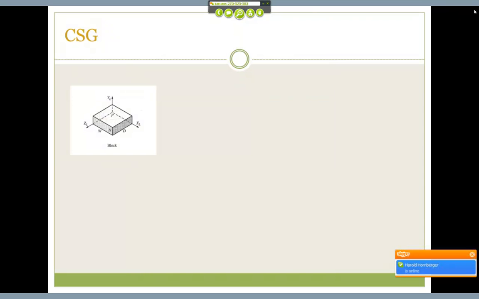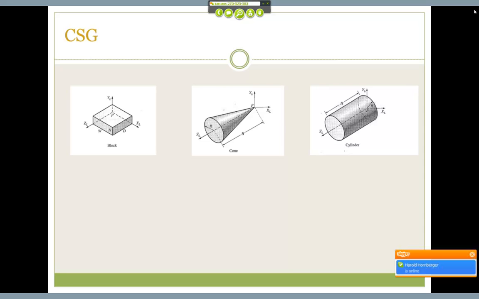The CSG approach to solid modeling, constructive solid geometry, is based on primitives. So one of the primitives that they would base their system on is a block. Okay. Another one would be a simple cone or a cylinder.